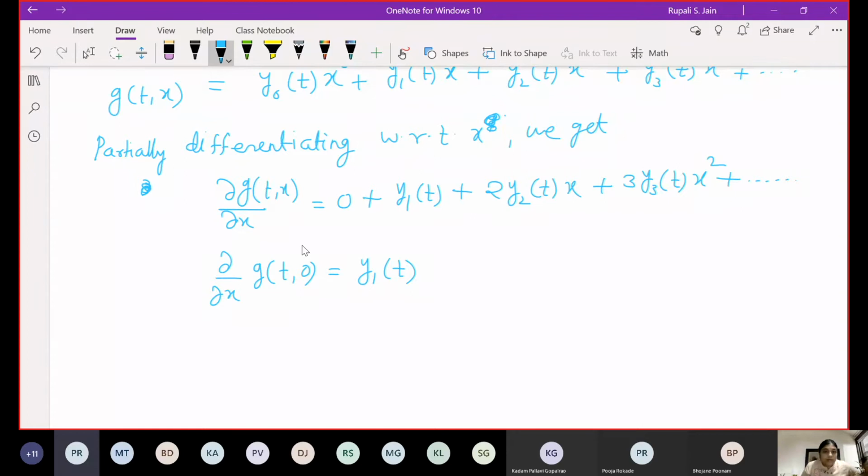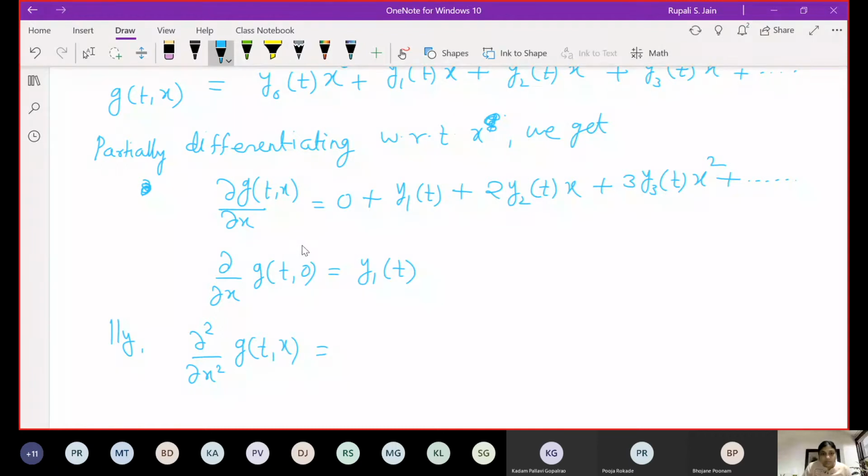Alright. Now, if I want to find y_2(t), what should I do? Again differentiate, with respect to x. What will I get? Similarly, ∂²g/∂x² of g(t, x) is nothing but what? y_1(t) is constant with respect to x, so its derivative is 0.